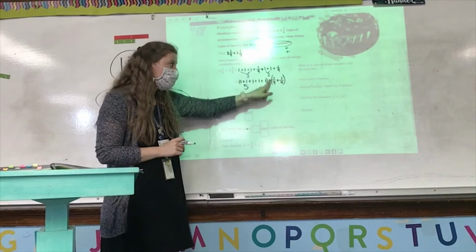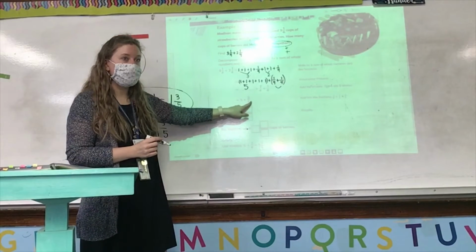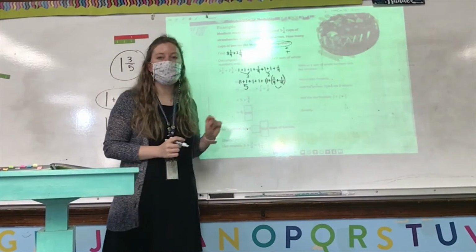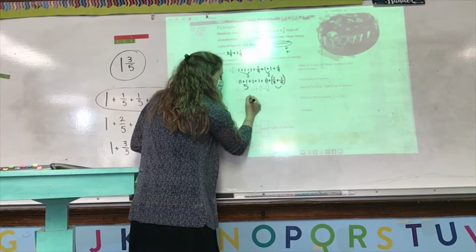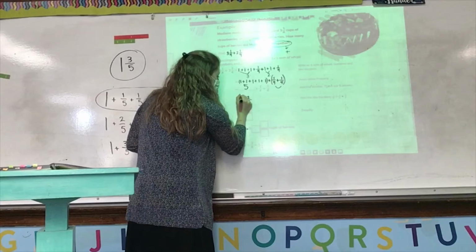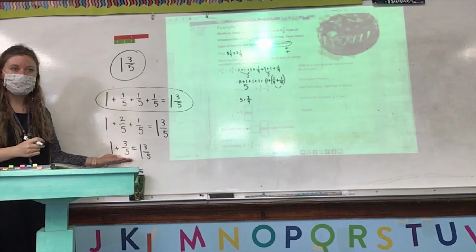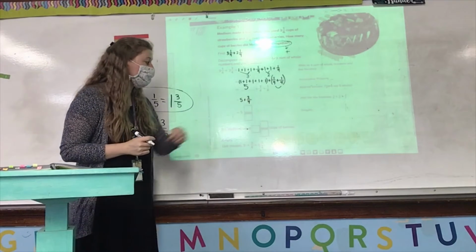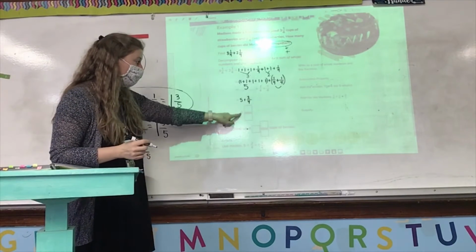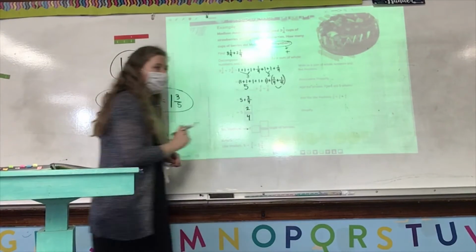You can just add these and skip all the way to the next step. 1/4 plus 1/4 is 2/4. So, class, just like 1 plus 3/5 is 1 3/5, 5 plus 2/4 is 5 2/4.